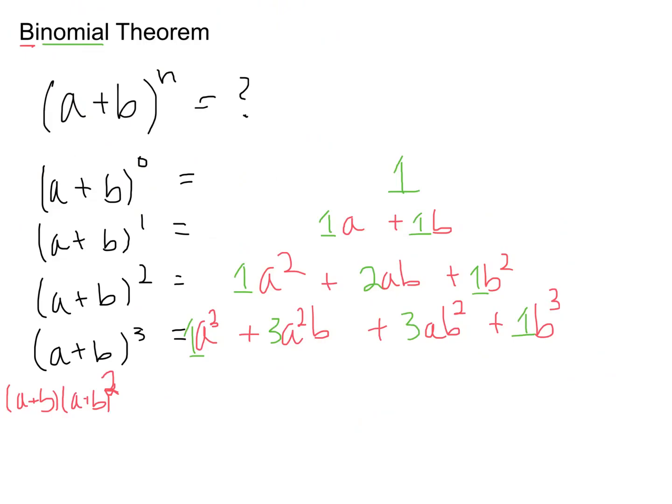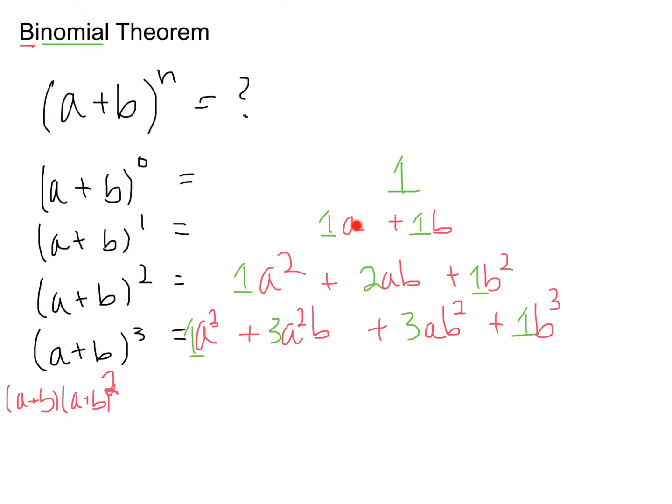Alright, so let's take a look first at the relationship between the powers of the number. Notice that when the power of the binomial is 0, the power of a and b are also 0, right? There's no a, there's no b, because to the 0th power it's just 1. Now notice that when the degree is 1, I have a to the 1 here, and then there's no a here, which is another way of saying a to the 0.